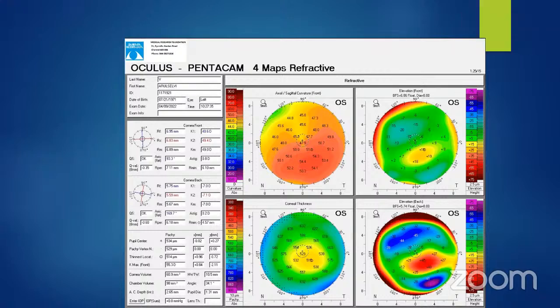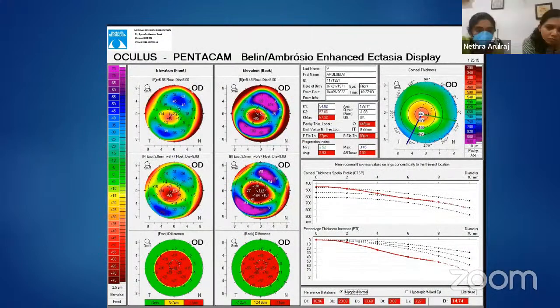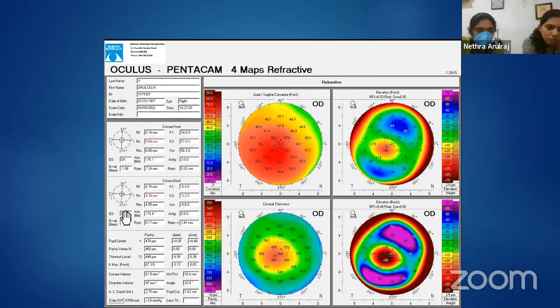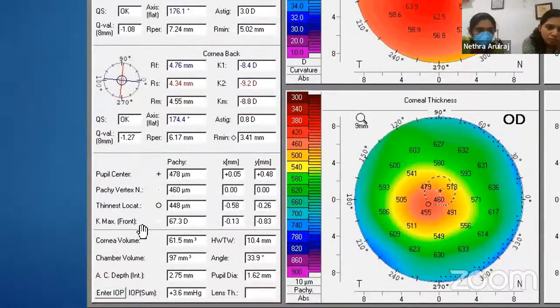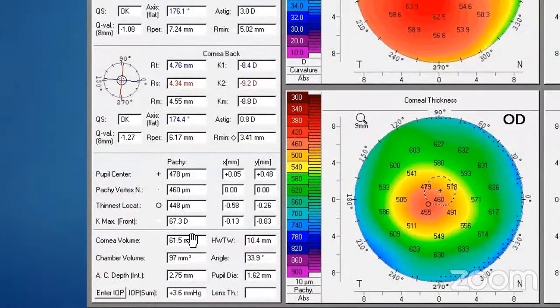Left eye we can see, right eye we should cross-link. No, ma'am, K-max is too high for cross-linking. Let's go back. K-max is too high for cross-linking. Why would you not cross-link? What is your criteria for cross-linking?